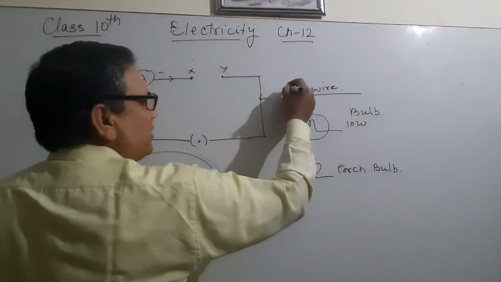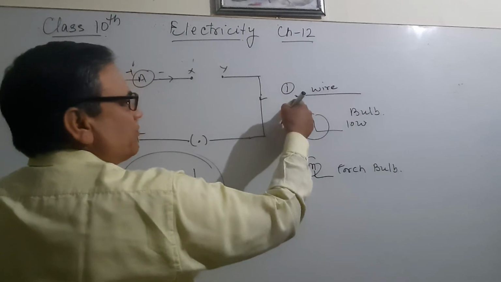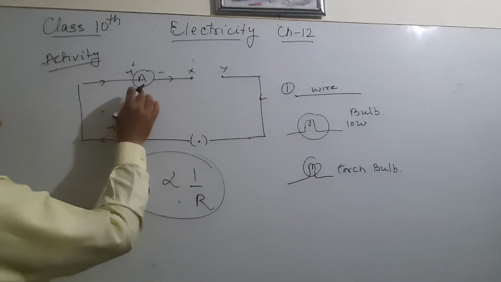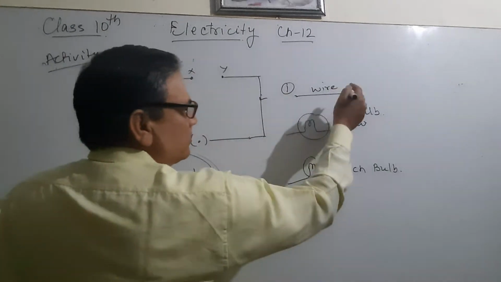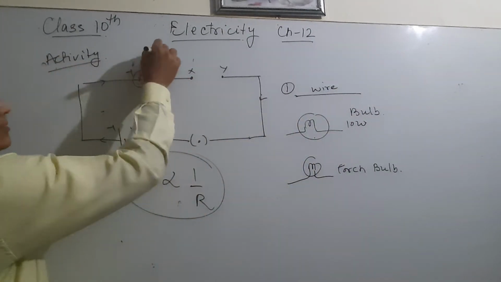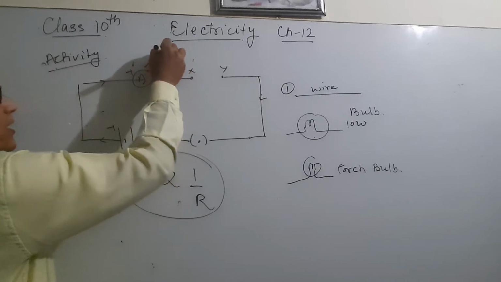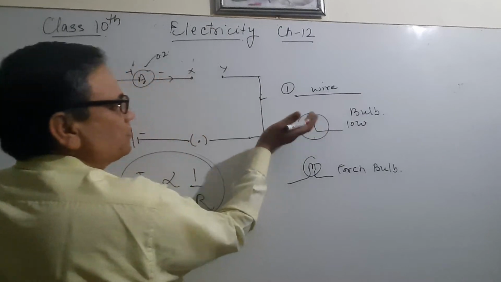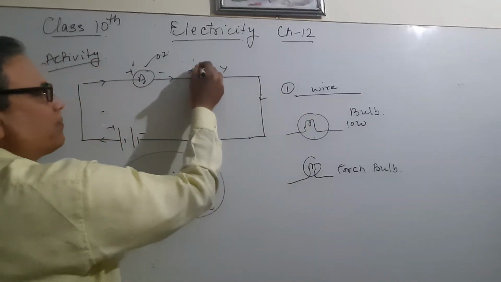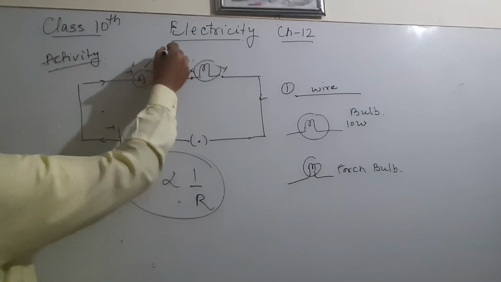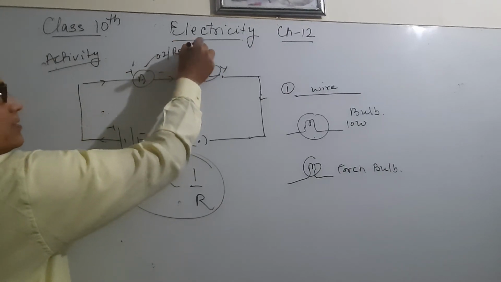When we put the first wire in the circuit, the reading will show. The ammeter reading is, I think, 0.2, we will assume. Then we join an electric bulb, and the ammeter will also show a reading in the second case.